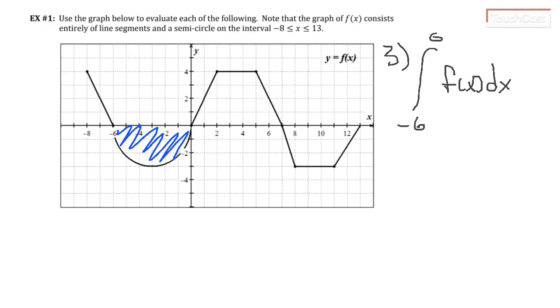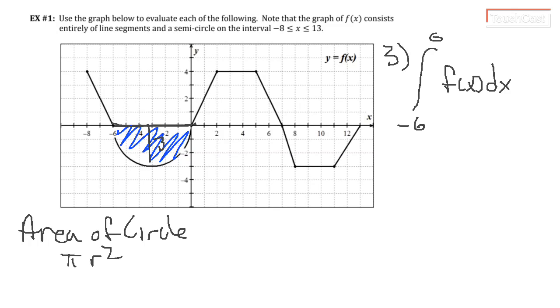Now, as a refresher, again, the area of a circle is found by pi times the radius of the circle squared. Here we have a semicircle, so we just have to divide that by 2. To find the radius, we can just take the diameter, the distance across the circle, and divide that by 2. Our current diameter is 6, so halfway across that is going to be 3.